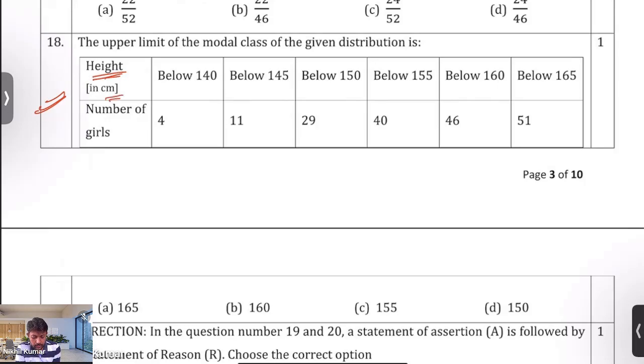So something like 0 to 140, then 140 to 145, 145 to 150. These are the class intervals basically that we will have to make.